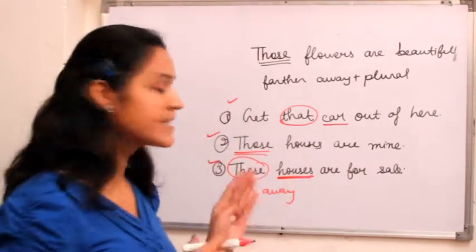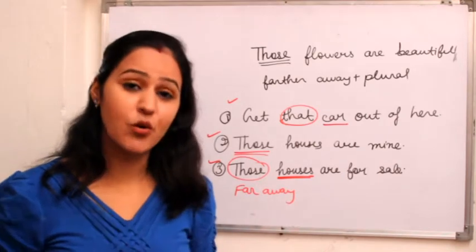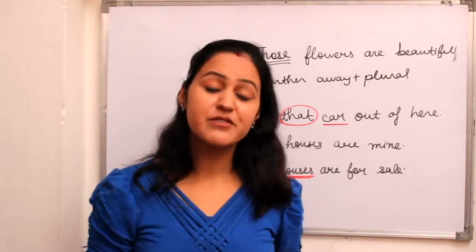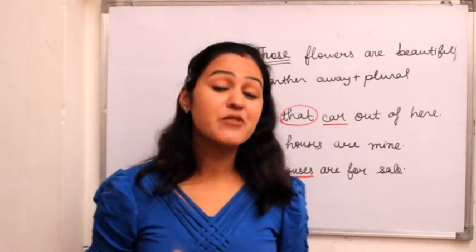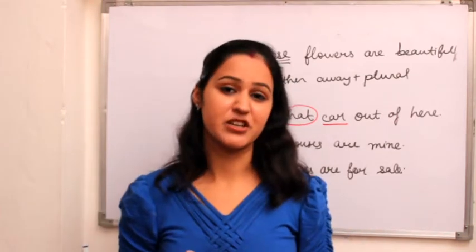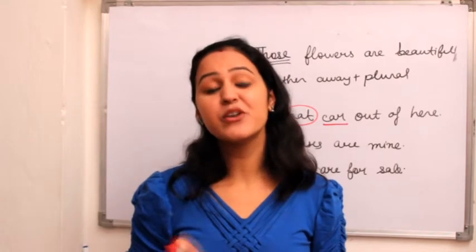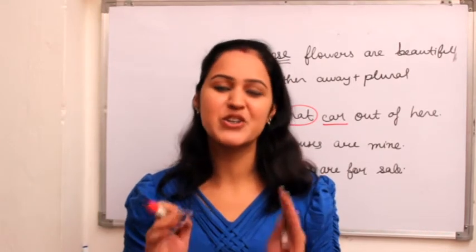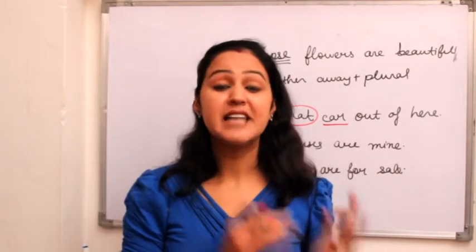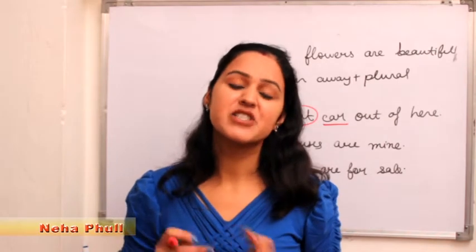So this list of this, that, these, those are known as demonstrative determiners, which are very helpful in our daily life conversation. You have to utilize all these terms when you are keeping your conversation going. I hope you understand all these items that are very essential in the English language.